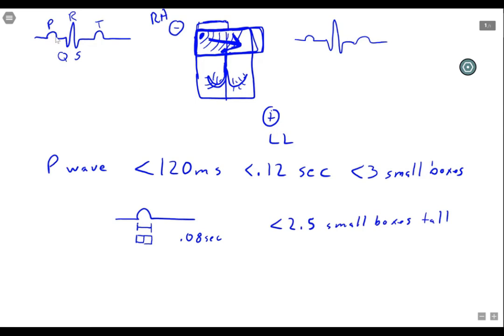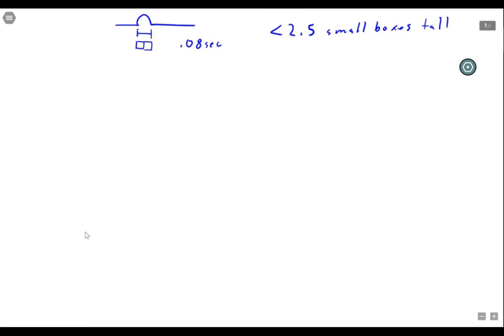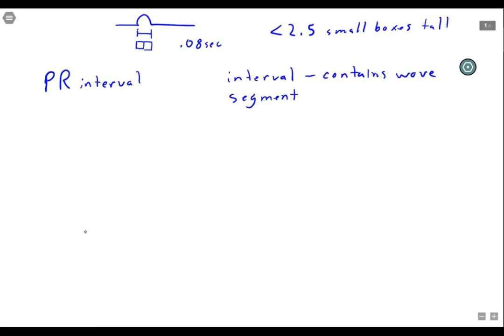So what's the next part of this cardiac cycle, this P, QRS, T that's of importance? So we did the P wave already. The next portion of this is what we call the PR interval. Now, something I should point out is that an interval contains a wave, whereas a segment has no waves. And I'll show you what that means here in a second.